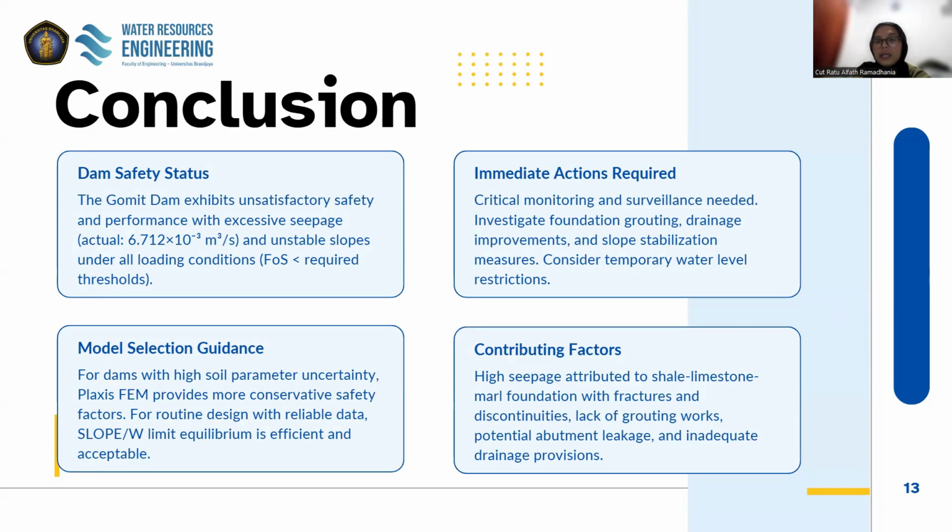And for the immediate actions required, the critical monitoring and surveillance is needed. So investigate foundation grouting and drainage improvement and slope stabilization measures. So it has to consider the temporary water level restrictions.